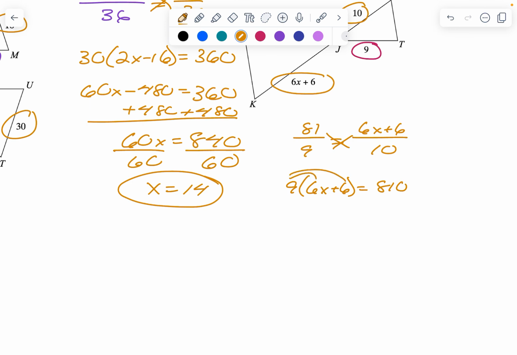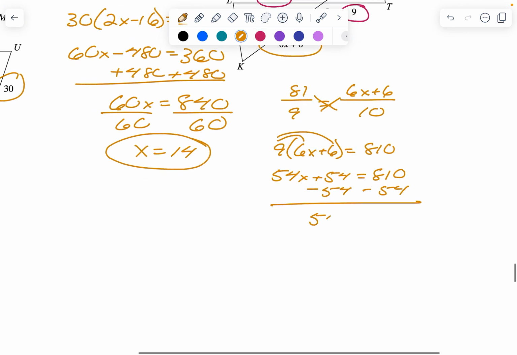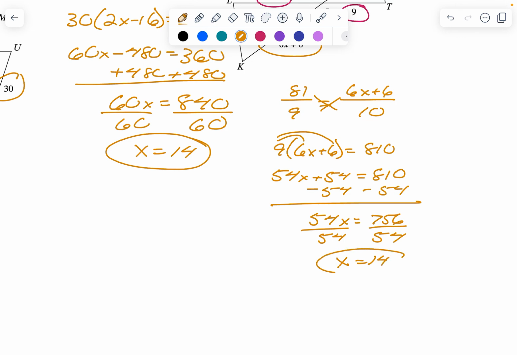Distribute. 54x plus 54 equals 810, minus 54. 54x equals 756. Divide. Oops, same answer, x equals 14.